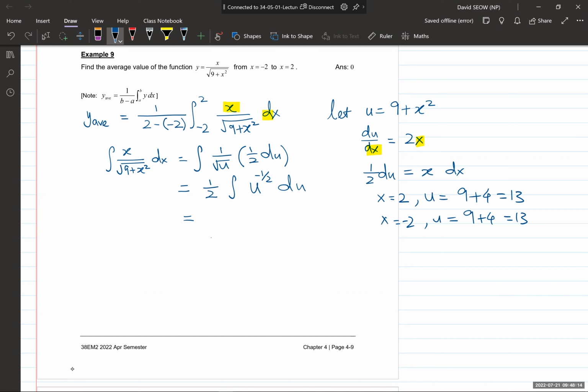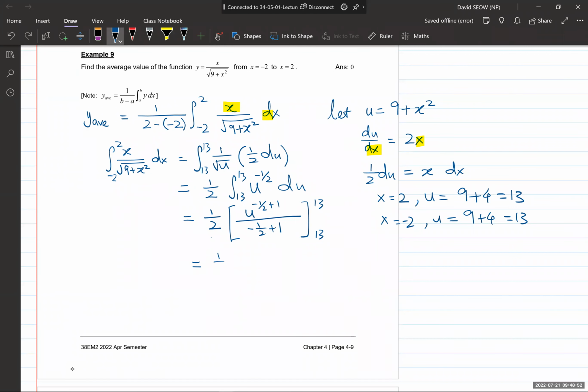This is the question you asked me. Anyway, we integrate this. So I have u to the minus half plus 1 divided by minus half plus 1. Then I put in the limits: 13 to 13, for x from minus 2 to 2. I work out this whole thing.